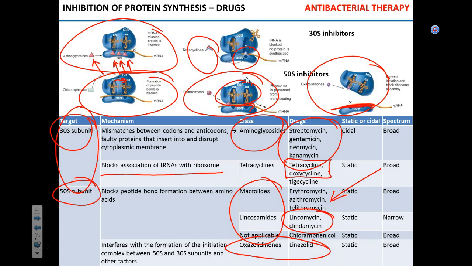For tetracyclines and aminoglycosides, all you have to know is the inhibition of the 30S subunit function. For linezolid, it prevents the formation of the initiation complex. Am I clear on this?